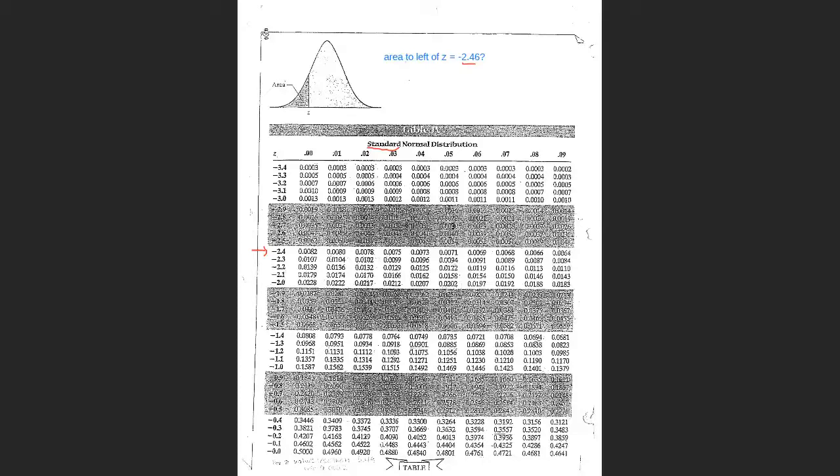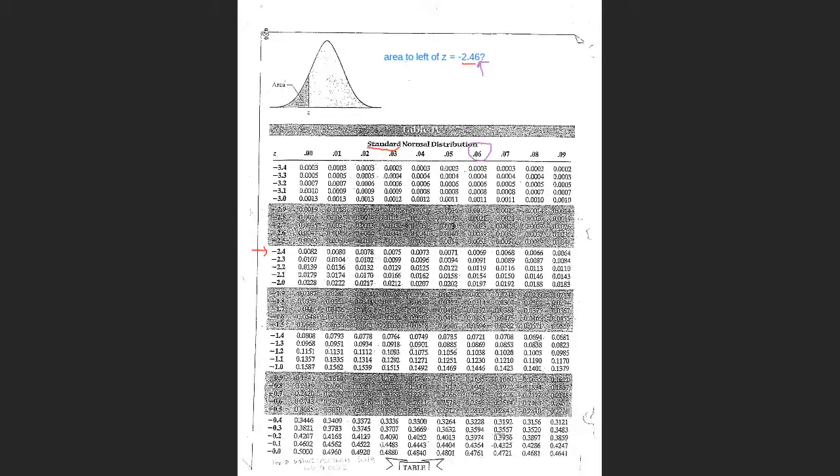To get that 6, I'm going to use this column that says 0.06. So the numbers across the top give you the number in the hundredths place of the z-score, and the column over on the left gives you the first part of the score. This particular page is negative z-scores, so I stay in that column.